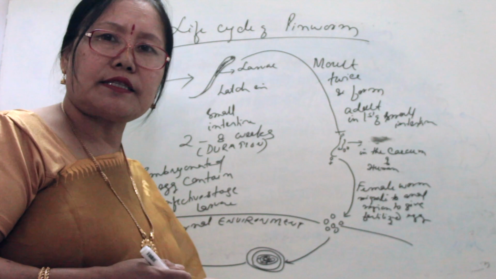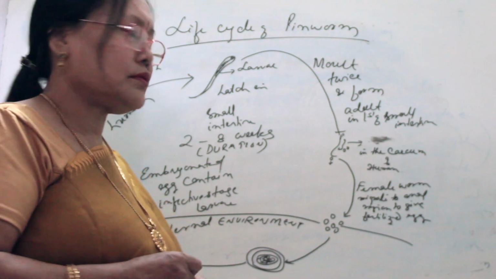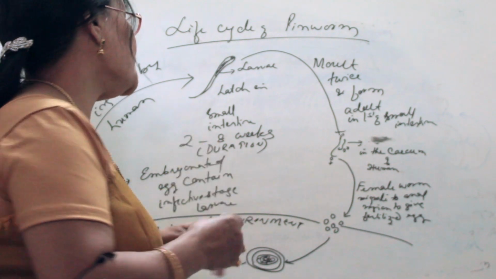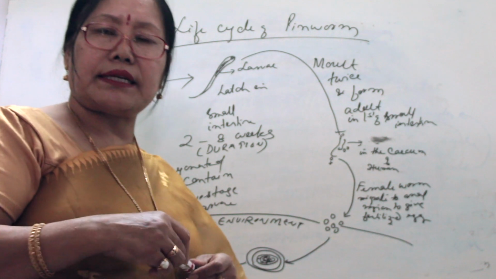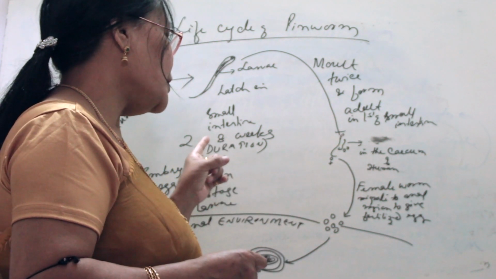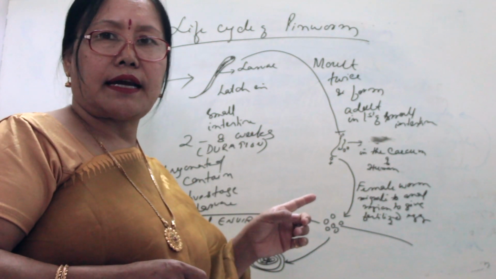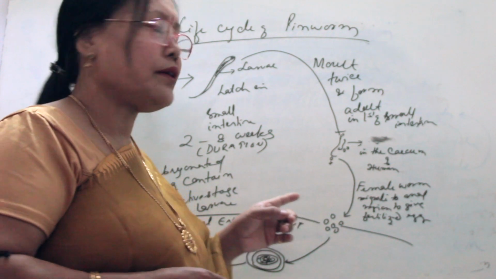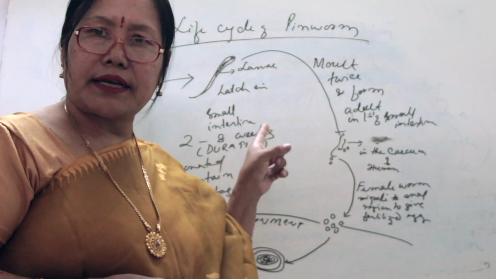In the small intestine, the larvae are released, and this larva is about 140 to 150 micrometers in length. The larva again migrates to the last part of the small intestine, the ileum region, where during this journey the larva molts twice.